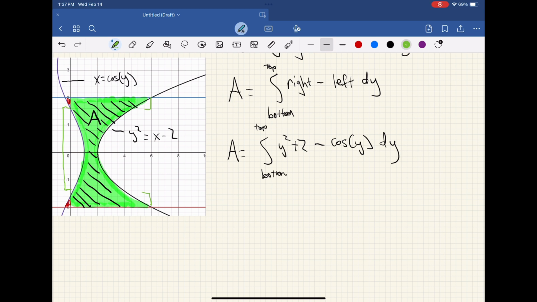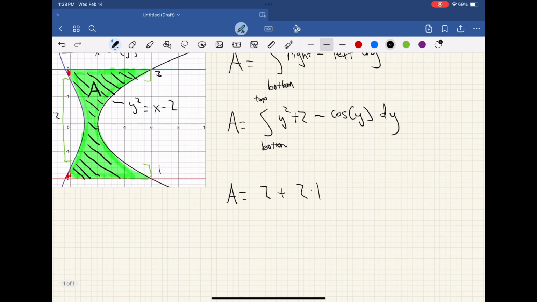Now, you may think we need to do 3 integrals, but we really just need to do 2, because these 2 areas are the same, these 2 small top and bottom bits. So let's call this bottom part 1, this middle part 2, and the top part 3. So what we really need to do is notice that A is equal to 2 plus 2 times 1.